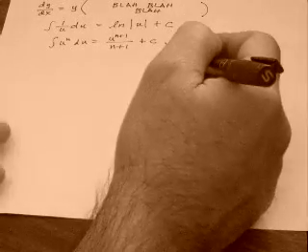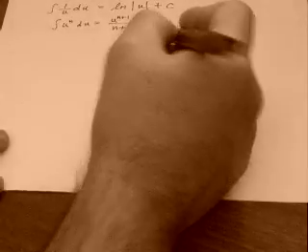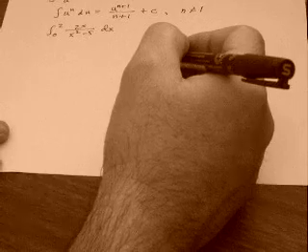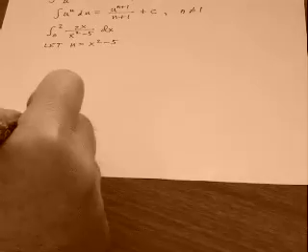So for example, let's take a look at a definite integral from 0 to 2 of 2x over x squared minus 5 with respect to x dx. Okay? So I'll do a u substitution on this one. We're going to let u equal x squared minus 5. And then du is 2x dx. And then let's change the limits of integration using u here.